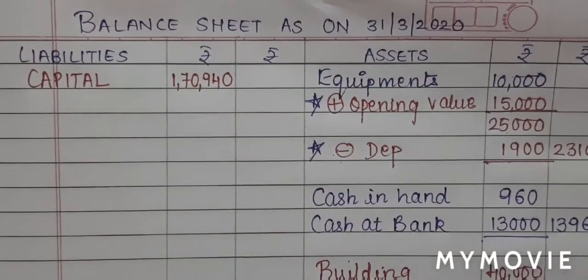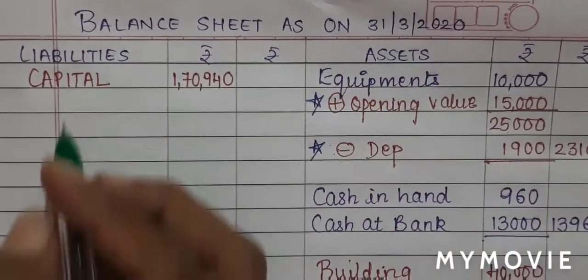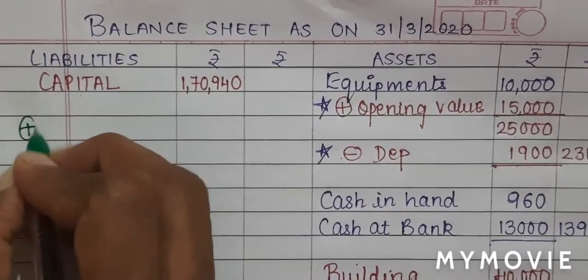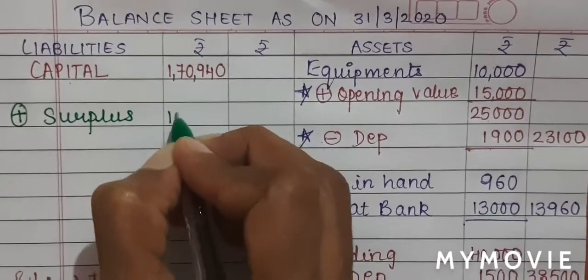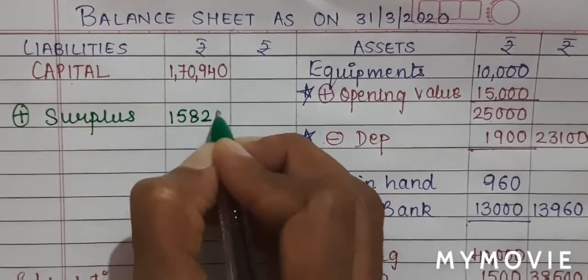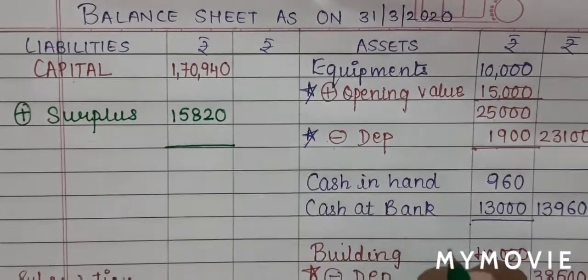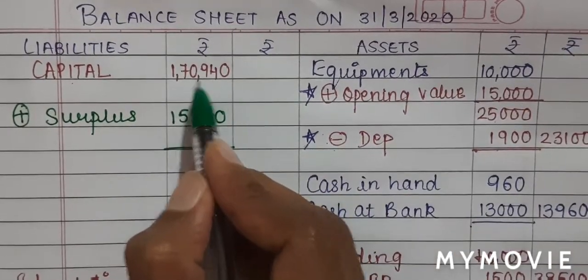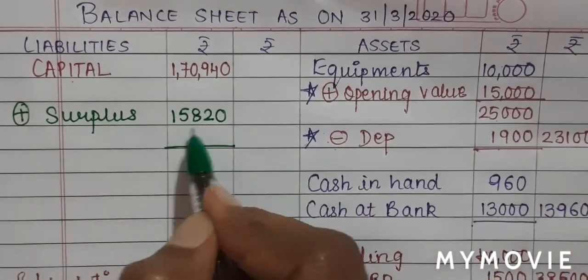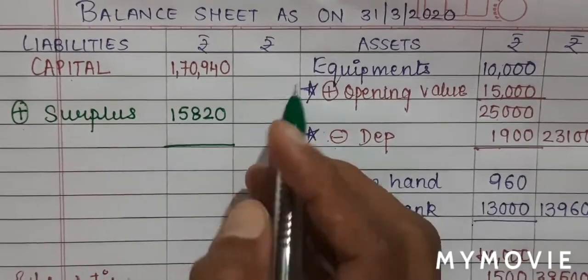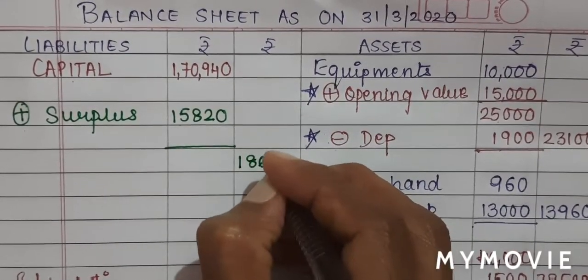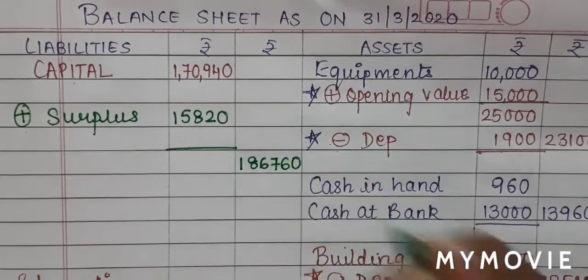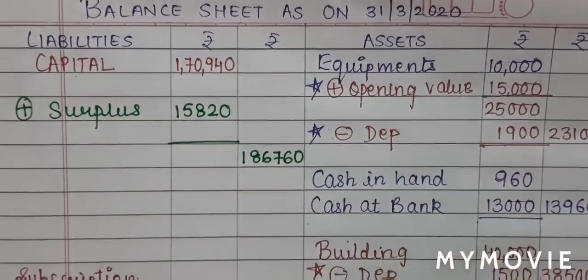Now since the concern has made a surplus, so in capital I will add surplus, which is 15,820. So now I can total my capital: 1,70,940 plus 15,820. I'll get a total of 1,86,760. Now I will total the liability side.